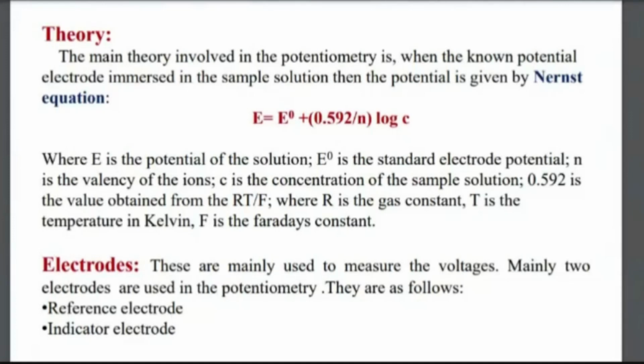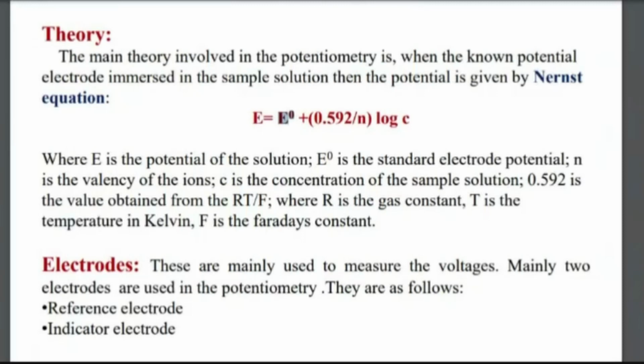The Nernst equation is given here. E, that is the potential of the solution, is equal to E0. E0 means the potential of the standard electrode, standard electrode potential, plus 0.592 divided by n, entire thing multiplied by log C.